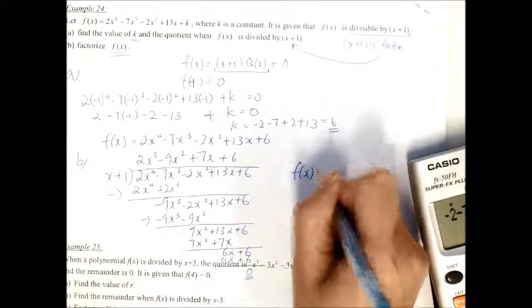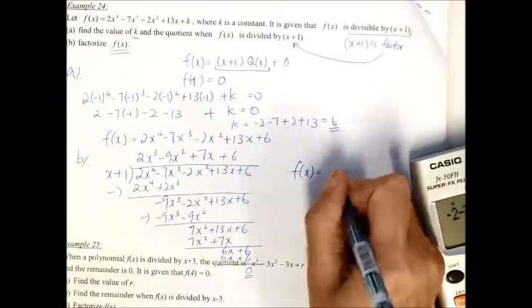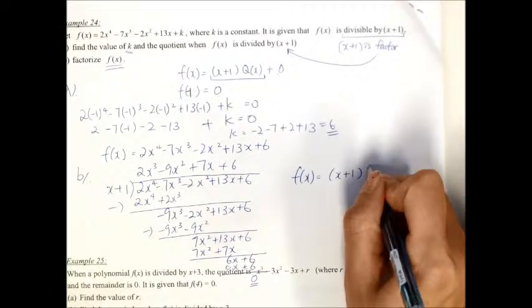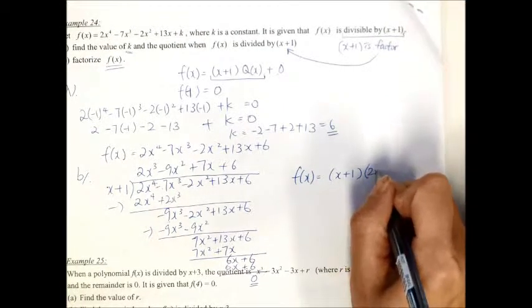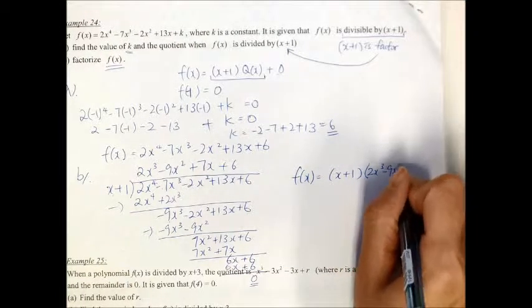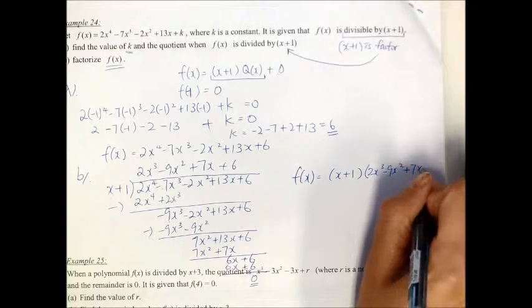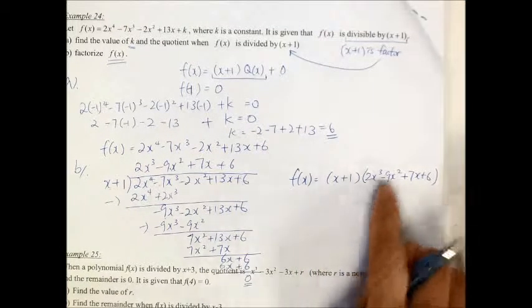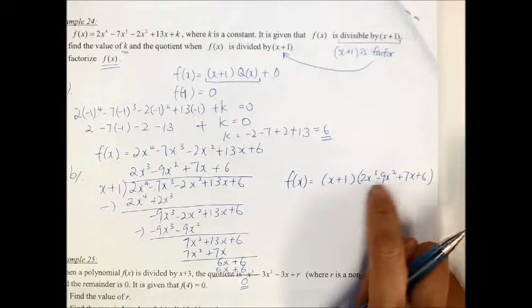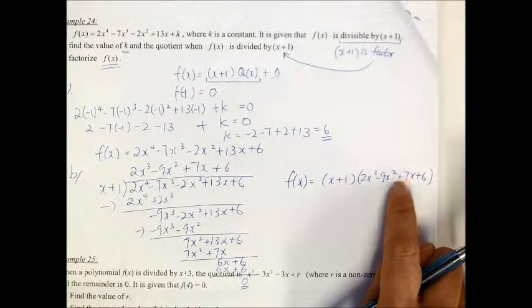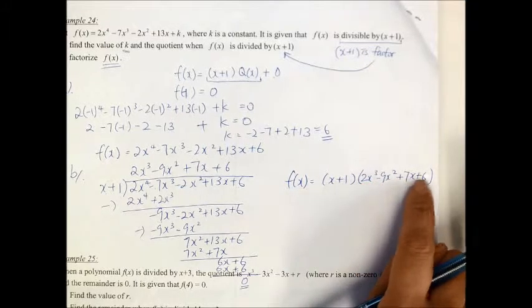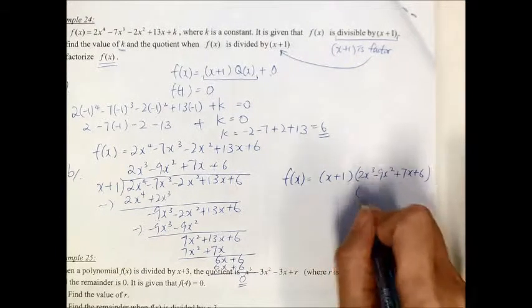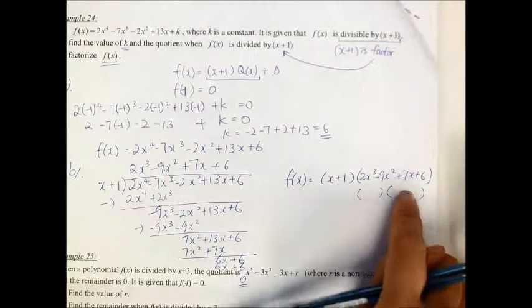The function in factor form will be x plus 1 times the quotient 2x cubed minus 9x squared plus 7x plus 6. Okay, so these two are factor form, but I don't think this is finished yet because you can still factorize the quotient into factors.